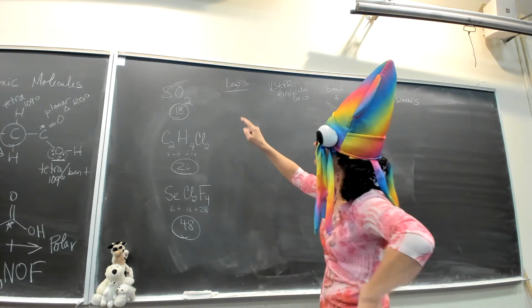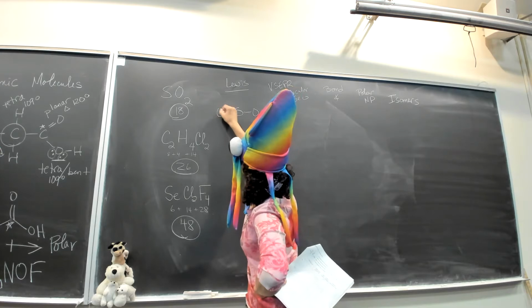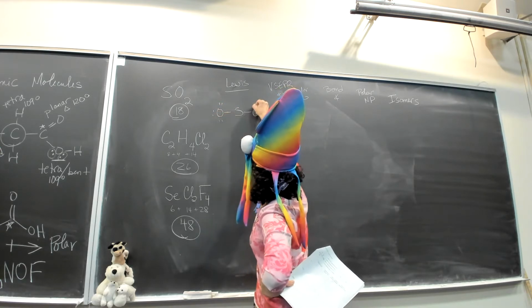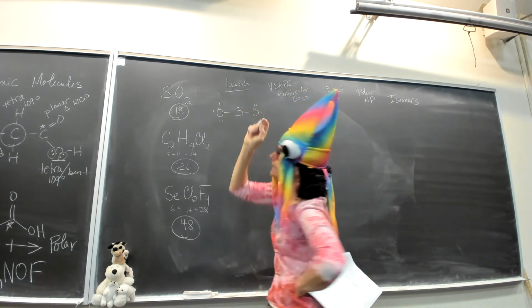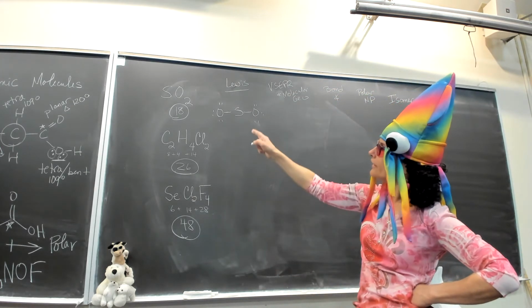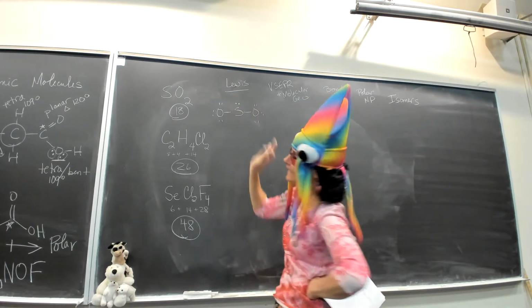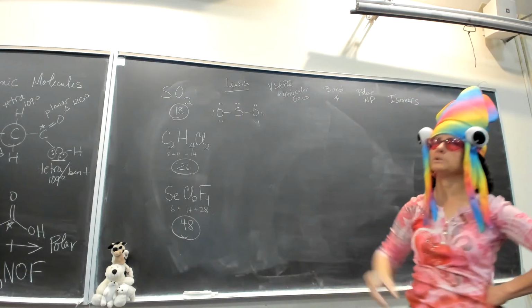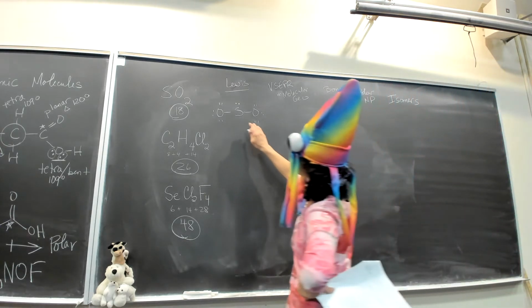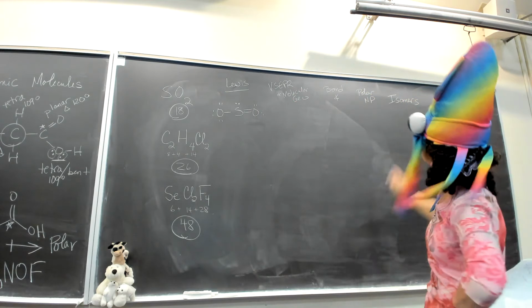All right, so let's do our first one, SO2. So sulfur is in the middle, octet rule. And before you go double bond crazy, sulfur, there are still more electrons. Use up your electrons. Now we have 18. 8 plus 8, 16. So we're going to erase 2. It doesn't matter which two you erase, because this is special.